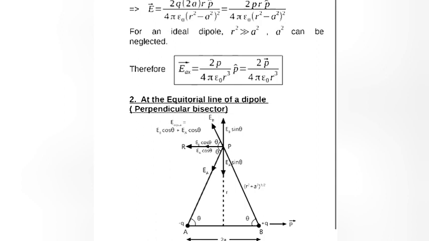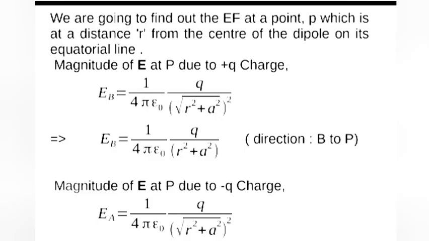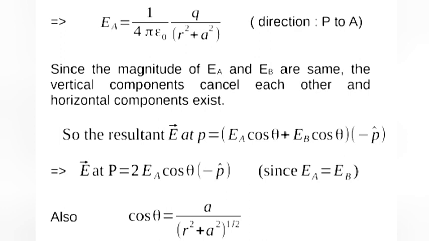2. At the equatorial line of a dipole, the perpendicular bisector. Magnitude of E at P due to plus q charge. Magnitude of E at P due to minus q charge. Direction P to A. Since the magnitudes of EA and EB are the same, the vertical components cancel each other and horizontal components exist.